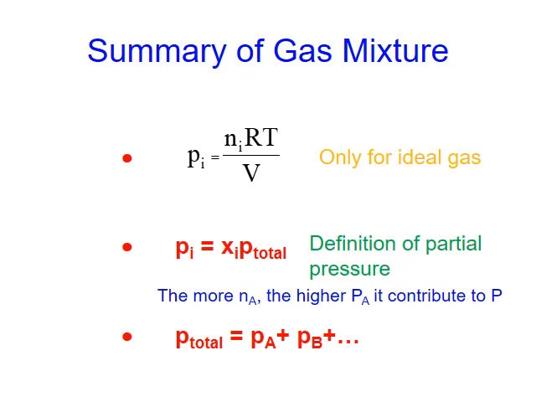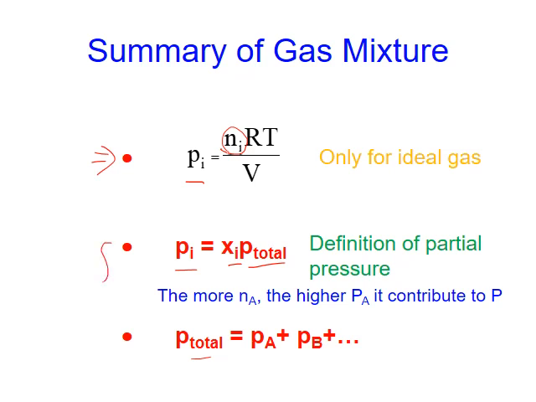We have derived these three equations for mixtures. The partial pressure is calculated by the ideal gas law as if there's no other gas in it. Partial pressure is total pressure times mole fraction, and the total pressure is the sum of partial pressures. The first equation is only valid for ideal gas because it's the ideal gas law.